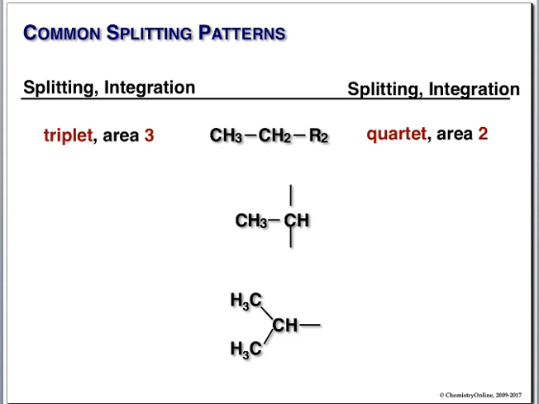So it's split into how many peaks? 2. Doublet, area 3. The CH. Area 1, and it's next to 3 hydrogens. 4 peaks, that's called a quartet.